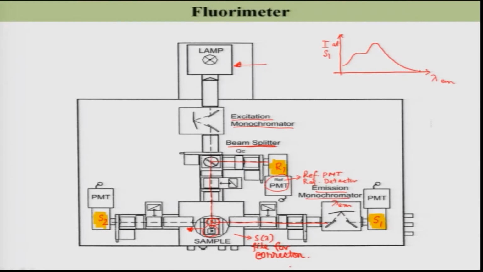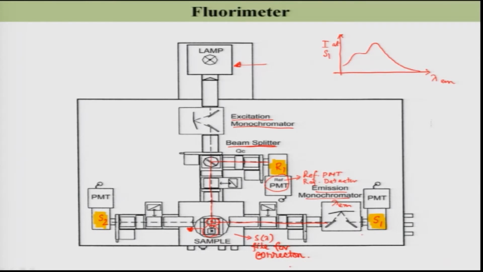So, better you plot S1 into the correction file, and let us name it as S1C. In the computer attached with this, the correction file is already present, and you can instruct the computer that whenever you measure the intensity at a particular lambda emission, you multiply with the correction file.